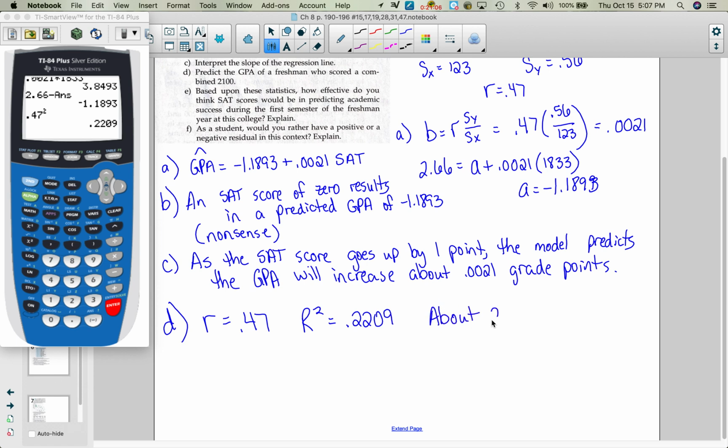About 22% of the variation in GPA, the response variable, can be explained by changes in SAT scores.